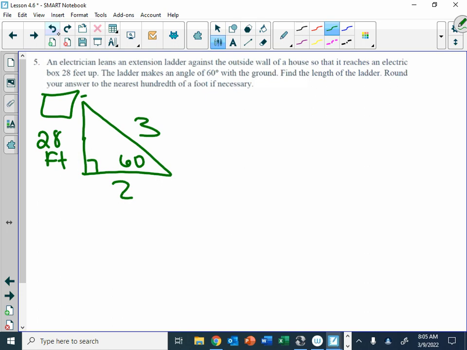This is the wall. The box is 28 feet above the ground. So say it again, 2 or 3, where's the ladder going to be? 3. The ladder's not on the ground. That's what I mean, take it piece by piece.